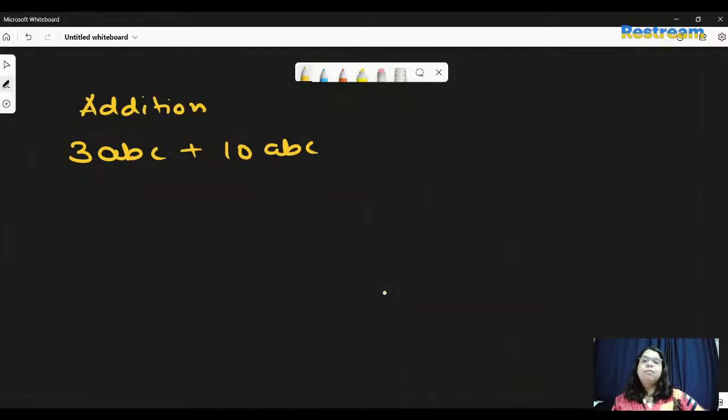Whenever we have like terms, we can add this 3 and 10 and write 13abc. If it was just 3 plus 10 in arithmetic, we would have done 13. So similarly, 3abc plus 10abc will give you 13abc.